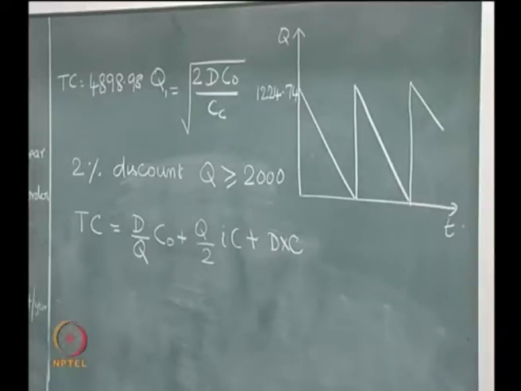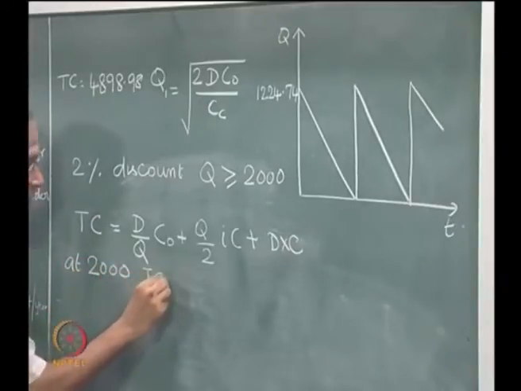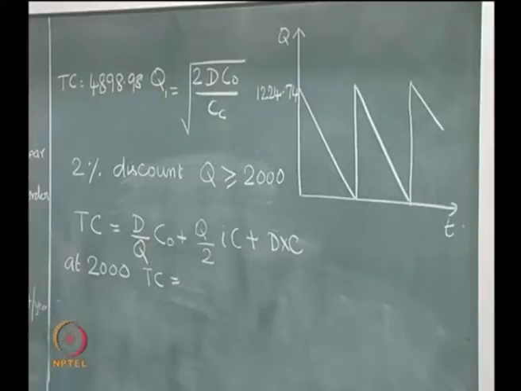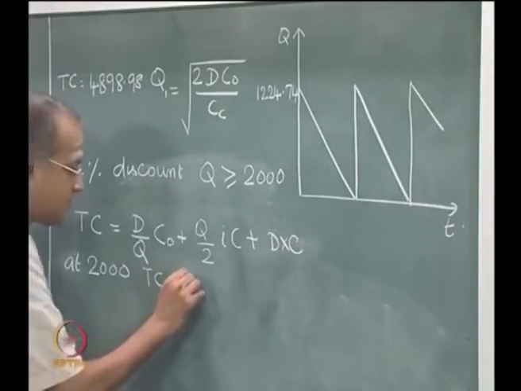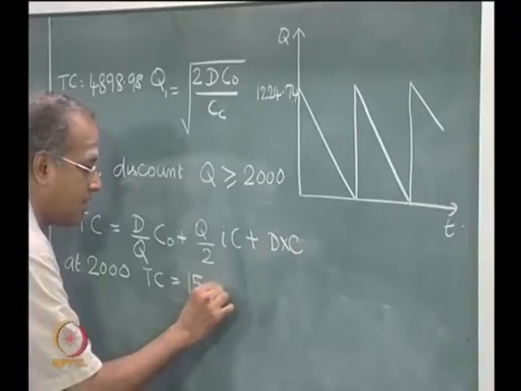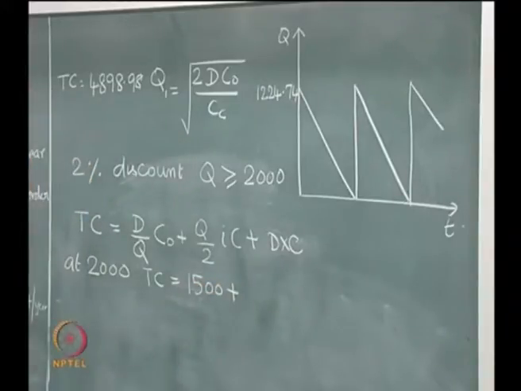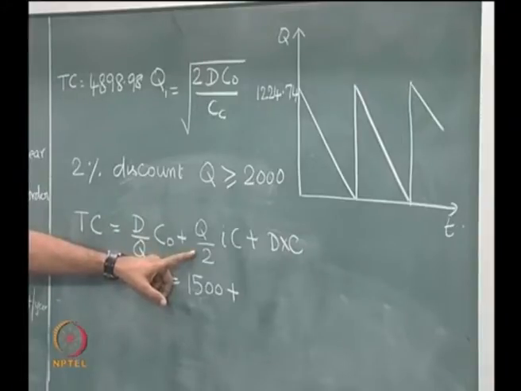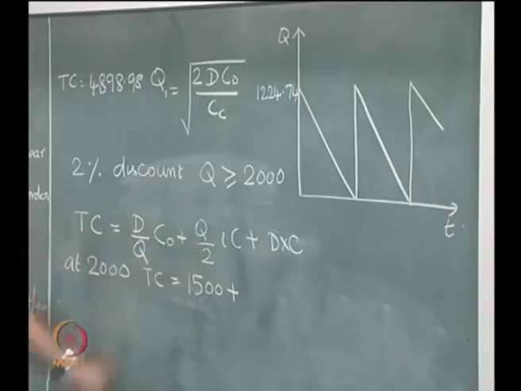So, at 2000, TC is equal to, now D by Q is 10,000 divided by 2000, which is 5, and 5 into C naught is 1500, plus Q by 2 is 1000.